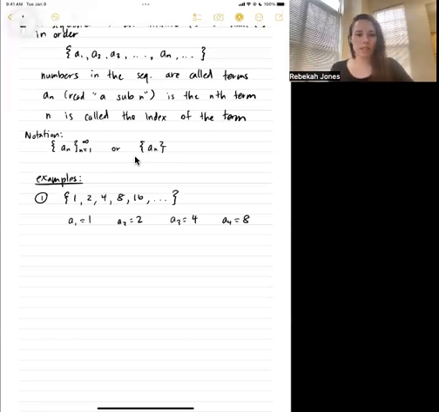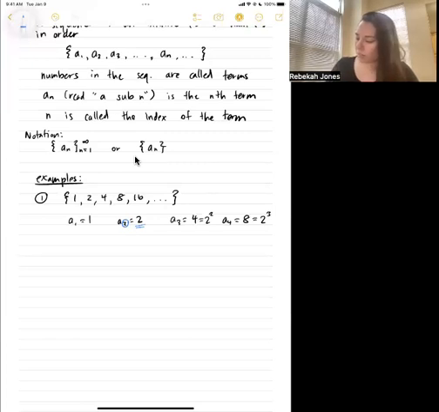And so if we wanted to write this more compactly, we could find a formula for the nth term, and then we could just write it using that notation. So what we can do is write 4 as 2 squared and 8 as 2 cubed. To find a formula for the nth term, I look at how the index relates to my term.